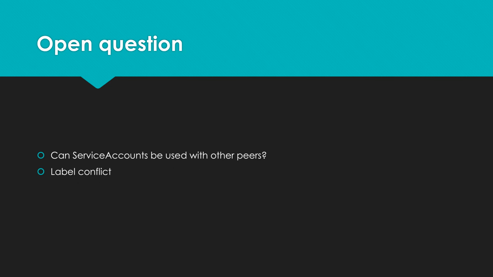From my understanding, if you use multiple fields in one peer, those fields should work like an intersection. For example, you use namespace selector and pod selector, you select the pods from those namespaces. But service account doesn't seem to have to work as an intersection with any other field. So yeah, I think it should be a standalone field in the peer.